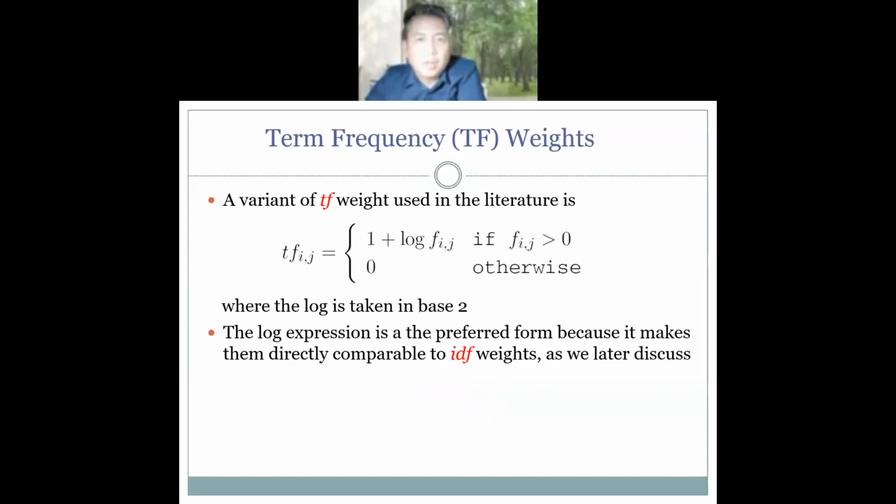Sometimes they use this variant of term frequency in which they do the log of that frequency and you add 1, if the frequency of that keyword in document J is greater than 0, meaning that the keyword exists in the document. So this is just a variant of term frequency. You can use term frequency or you can use this. So this is log 2. Remember that in all of the calculations in this course, we use log base 2.